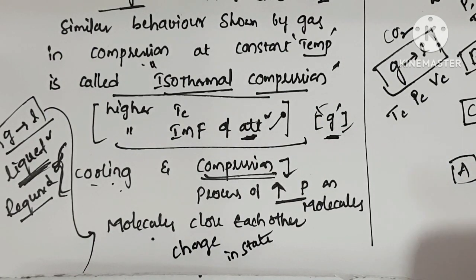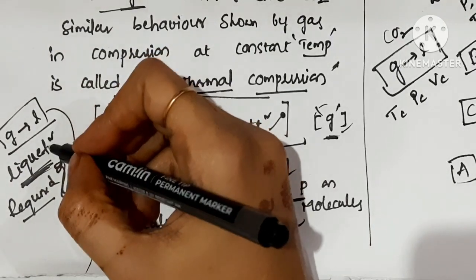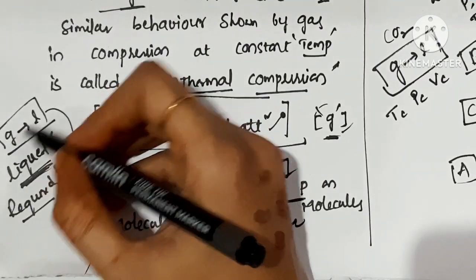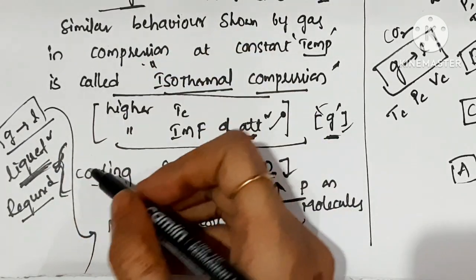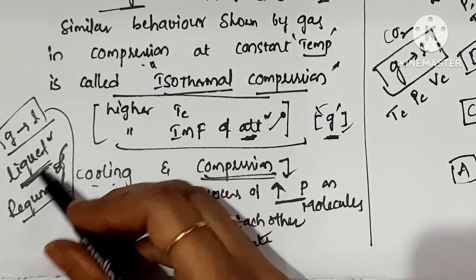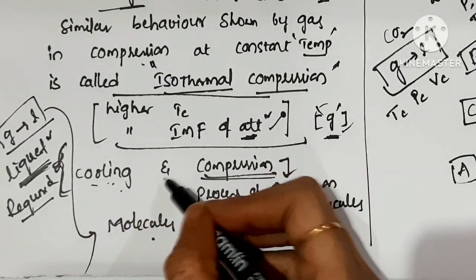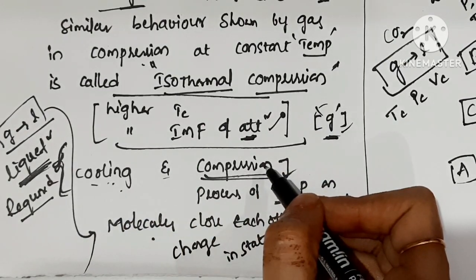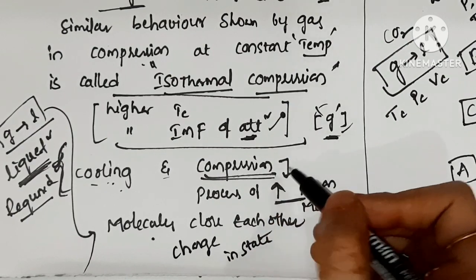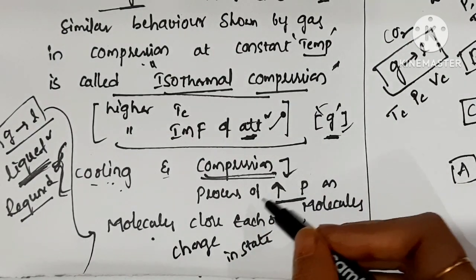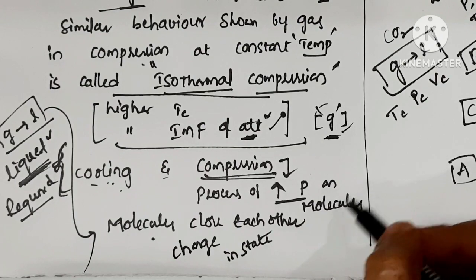Here I am explaining simply. Liquefaction means transformation from gas state to liquid state, right? For this liquefaction we require two factors, cooling and compression. Compression means the process of increasing pressure on molecules.